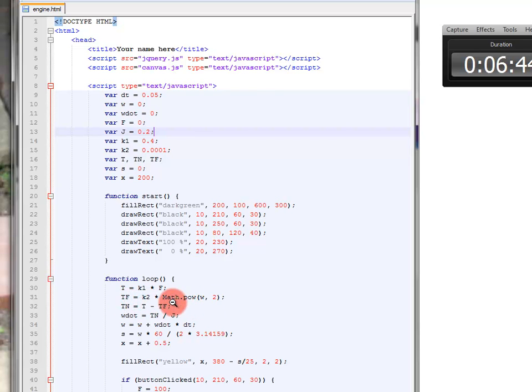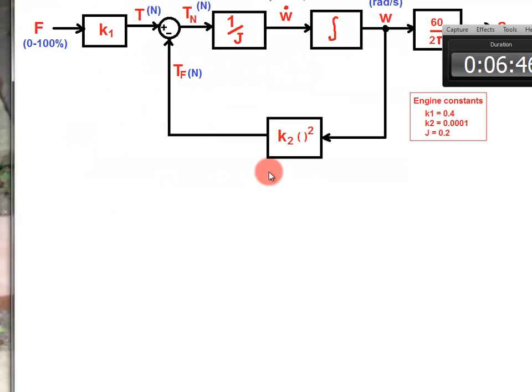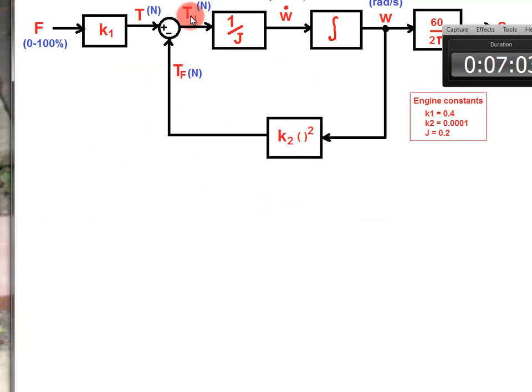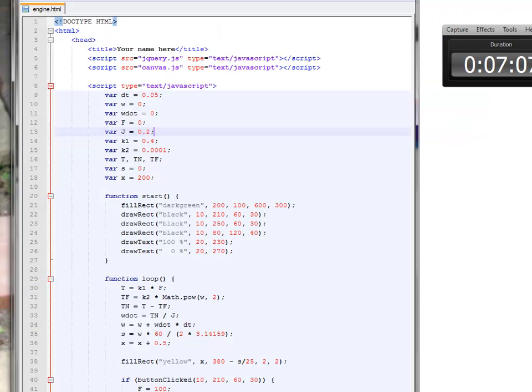TF is K2 times omega squared, and TF, here we are, is K2 times omega squared. Next line, Tn is equal to T take away Tf. That's the net torque is equal to the combustion torque take away the friction torque. Where did that come from? Let's have a look back at the diagram. Here we are, net torque is equal to combustion torque take away the friction torque.